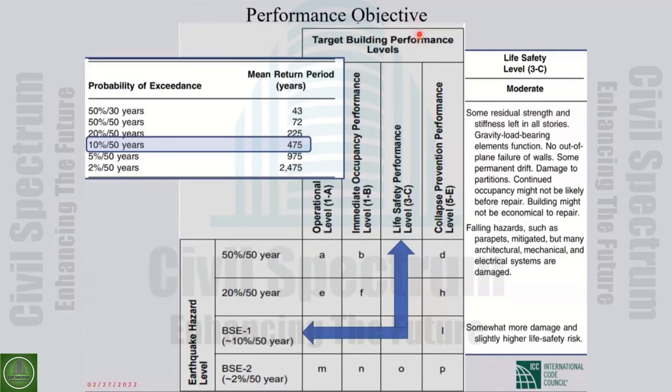But in general, the advantage of the performance based approach is that you have the freedom, or you say the client has the freedom, to select what performance objective they want, and we have the tools to check whatever they want.